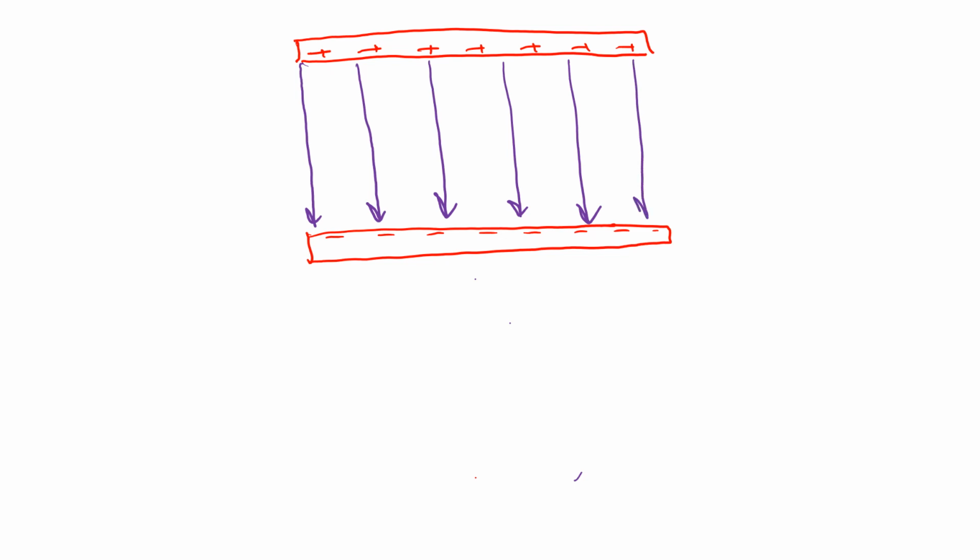And because the charge is uniformly distributed, the electric field is uniform everywhere in space. But we have broken a couple of laws here, or one law which we have seen in two different ways.